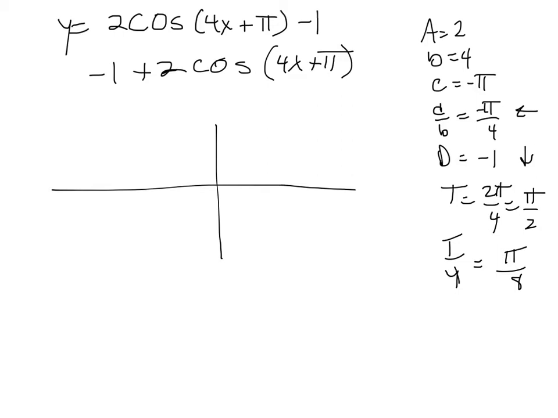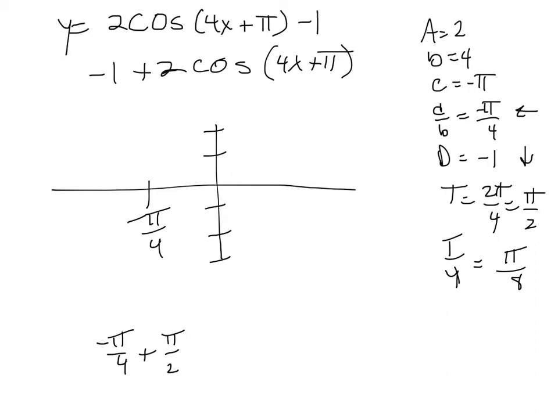Alright. So I know that my period length will still be pi over 2. I'm going to start at negative pi over 4. My amplitude is 2. And then I ask, what's negative pi over 4 plus pi over 2?